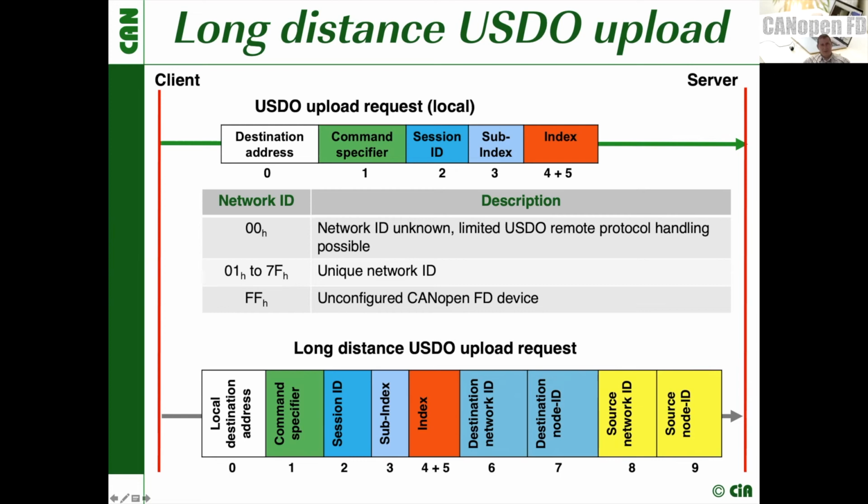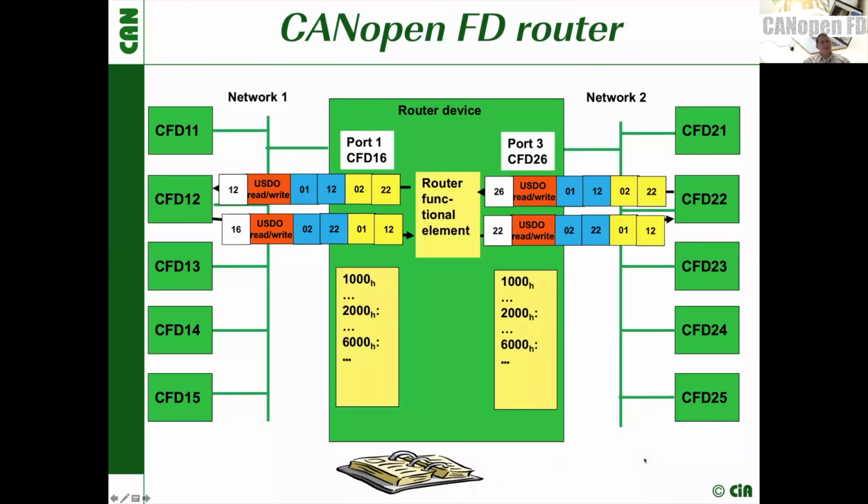So I have here a local address, which allows me directing this message to the next router, and the next router, according to its routing table, knows where to pass this message further on. And we see this here in this example.